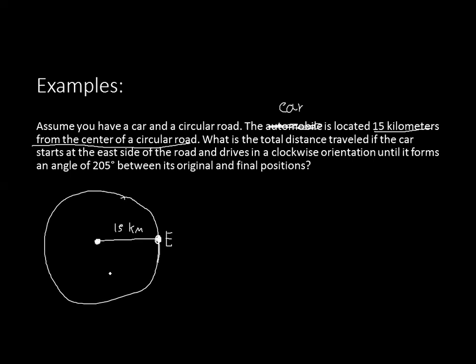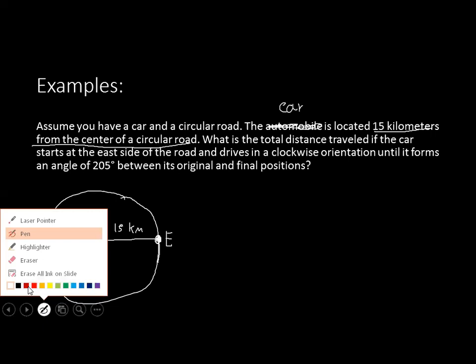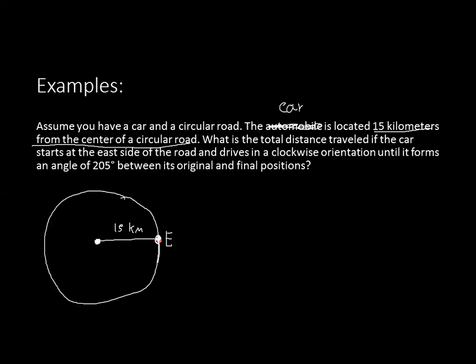Let me use a red color. So you start from here, then you drive and drive until you form 205 degrees. So from here to there, you form 205 degrees.